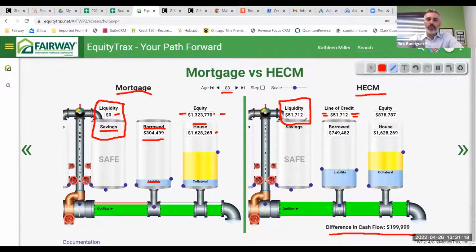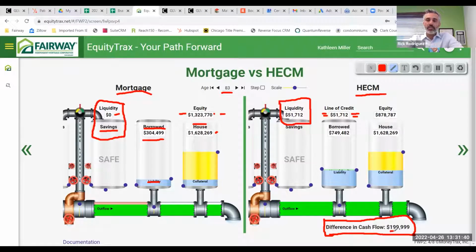So in this example here, 10 years in, this person has a reverse mortgage line of credit of $51,712. Also down here, the big difference is over that same time, 10 years, they've been able to save approximately $200,000 in mortgage payments.